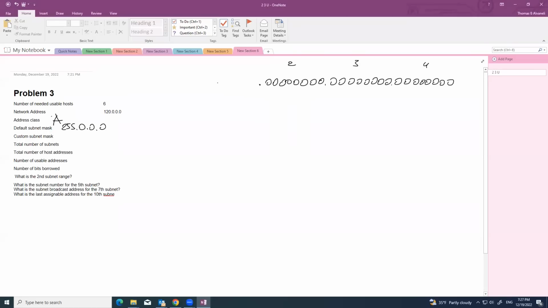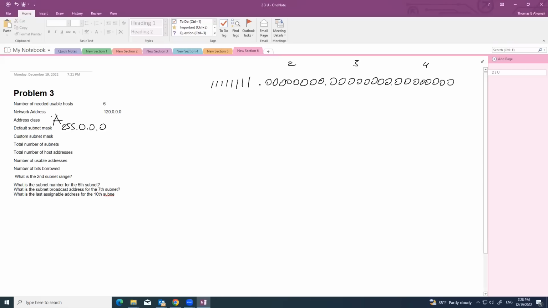And the first octet is in the network portion, all 8 bits. Those 3 octets, 2, 3, and 4, are the interesting octets for us because we have to borrow some bits from them and include them in the subnet network portion.